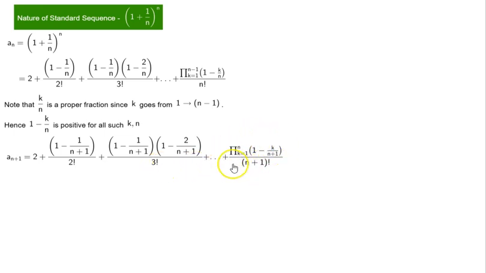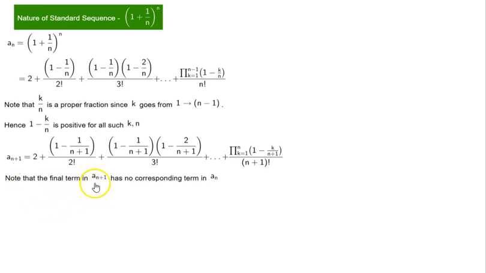And here we end up with an additional term: the product of (1 - k/(n+1)), where k goes from 1 to n, the whole thing divided by (n+1)!. This is the nth term and this is the (n+1)th term of the sequence.